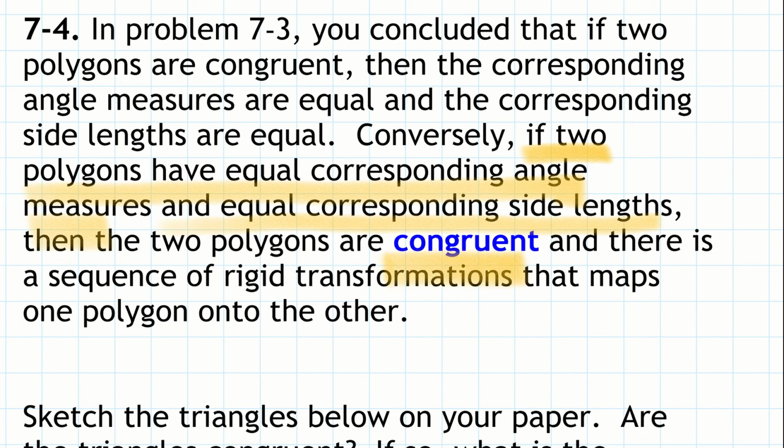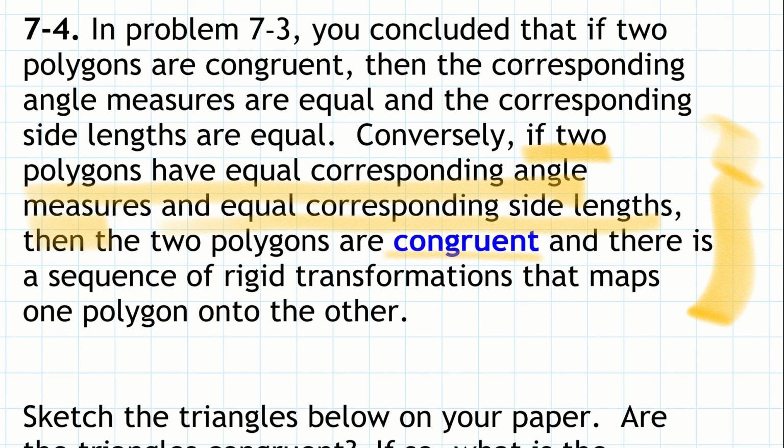And you know that there will be a sequence of rigid transformations that will map one of them onto another. So this is the first time we're thinking, well, how do we say that two triangles are congruent? And right now, to say it is going to take a lot of things. You have to show six things are true.